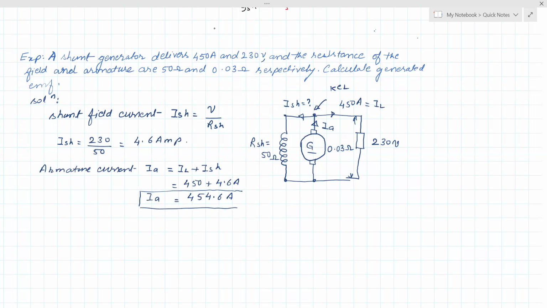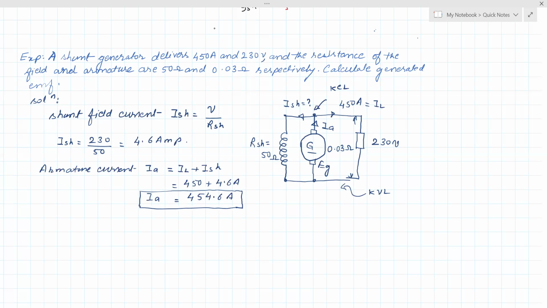Now, once the armature current has been calculated, it is quite clear: the generated EMF EG, what are we going to apply? We are going to apply KVL, Kirchhoff's voltage law. So the EMF induced is equal to the voltage drop across the armature resistance. Here the brush drop is not given, only the terminal voltage.